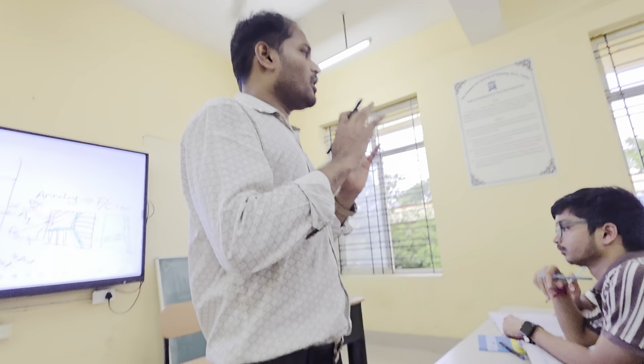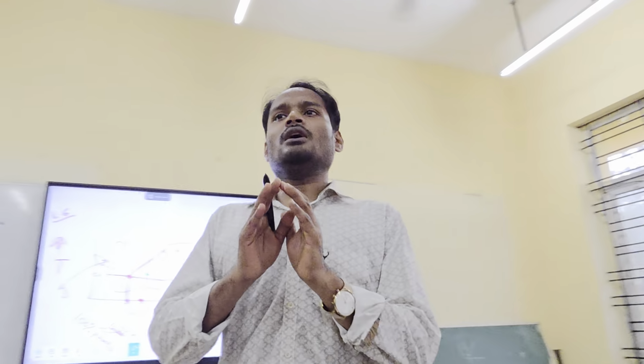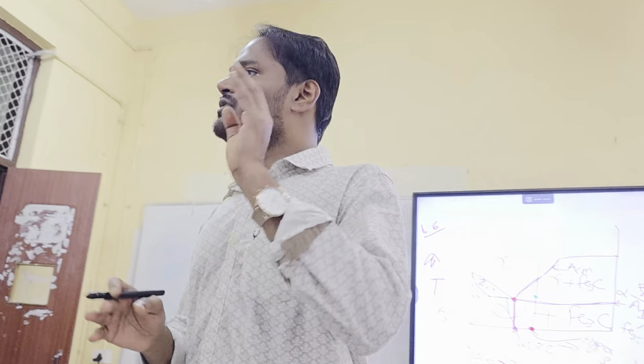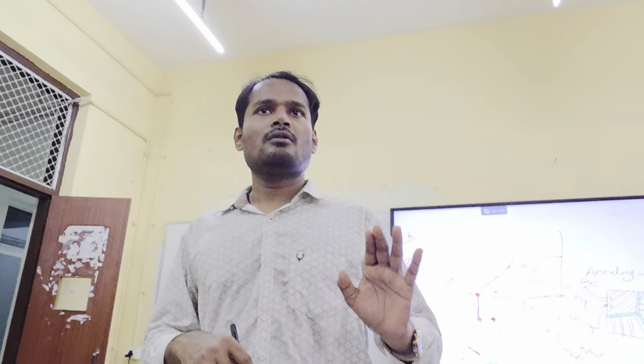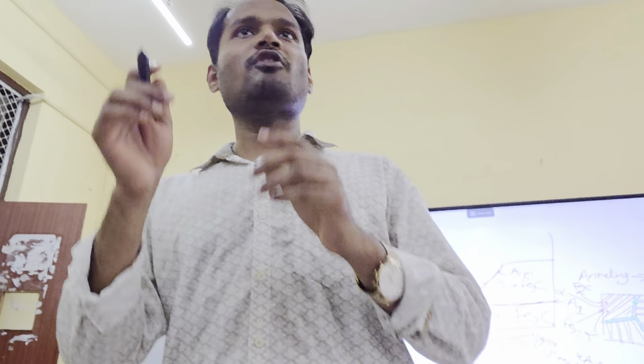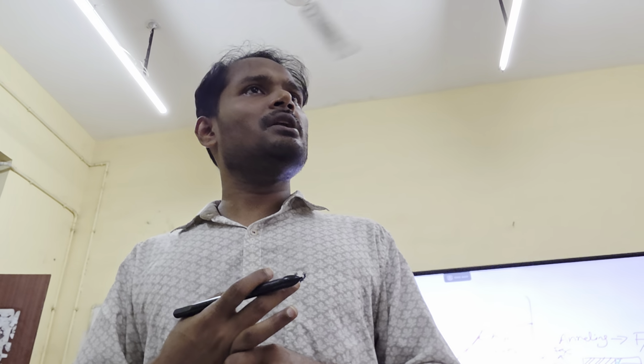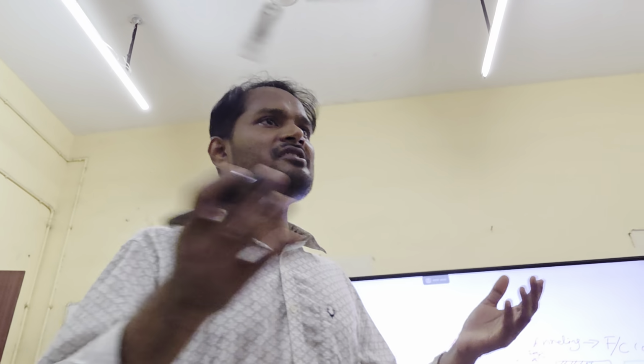One question will be, suppose a steel is given with a particular composition. The first part will be, what should be the austenitizing temperature? You need to write and justify that. The second question will be, what should be the holding time? Holding time, you know, depends upon what? Already we discussed that. Thickness, dimension, many things are there.